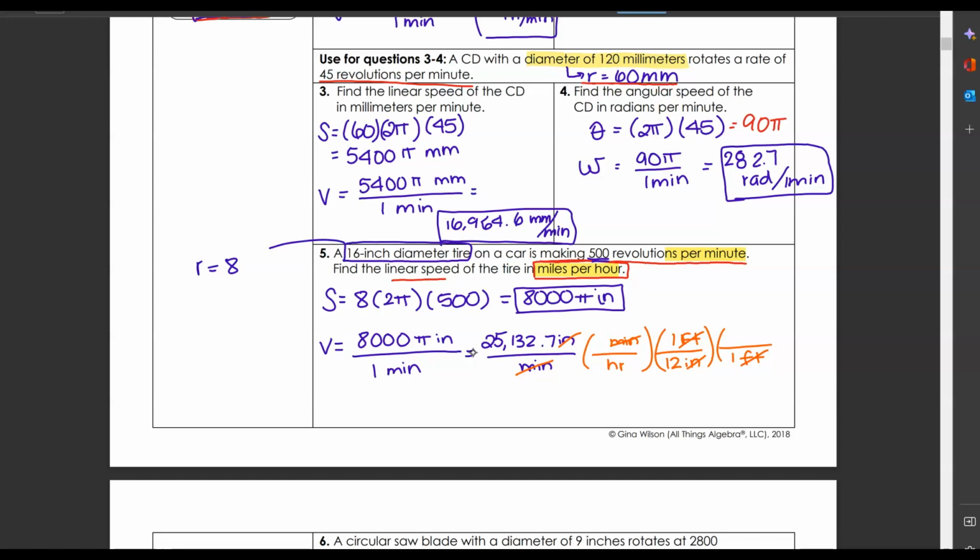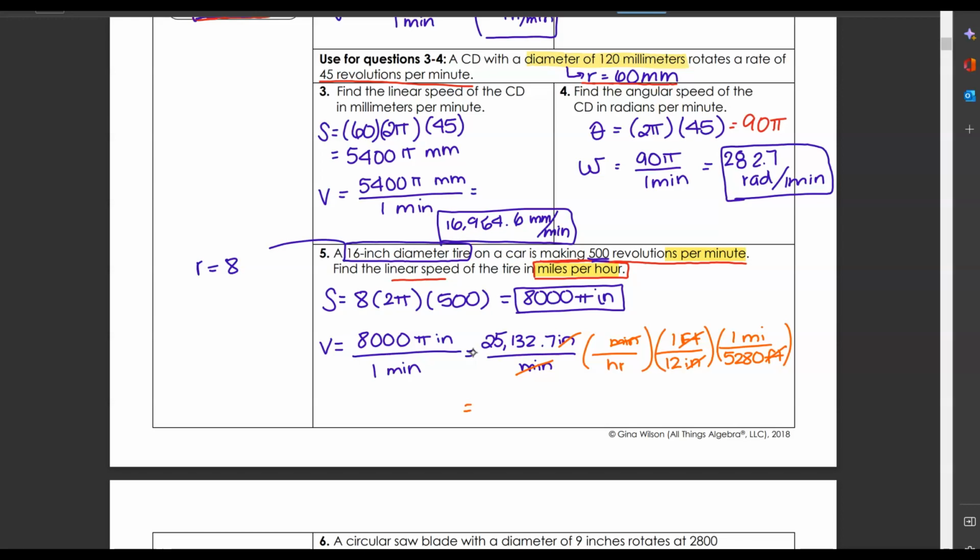Oops, I got excited here. I canceled this out too early. Because I want 1 mile, I do want the mile on top, and I need enough space to write 5,280 feet in 1 mile. Now those feet cancel out.